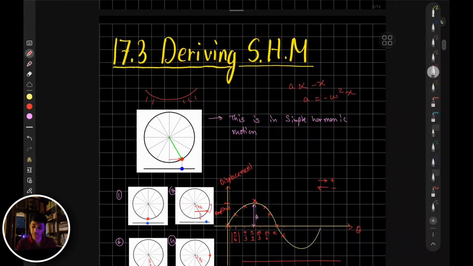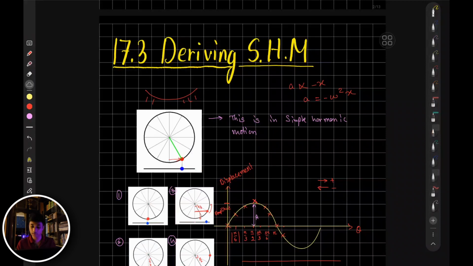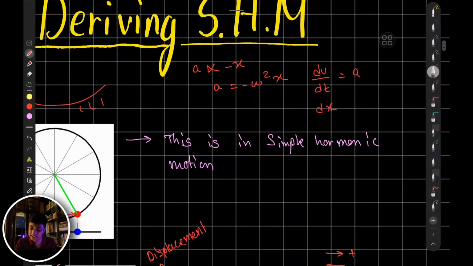Because acceleration, if I try to prove it to you, is nothing but the derivative of velocity. dv by dt is acceleration. And what is velocity? dx by dt is velocity.